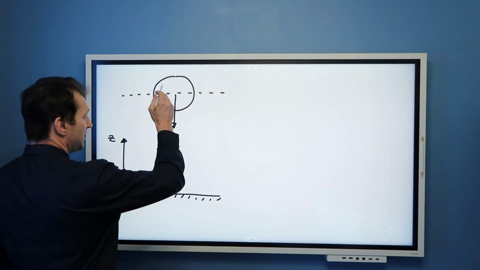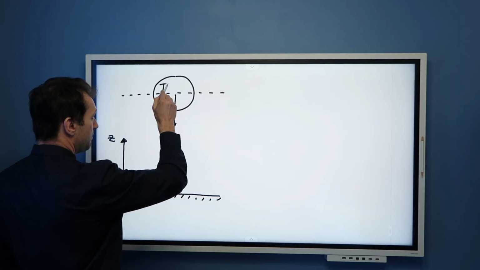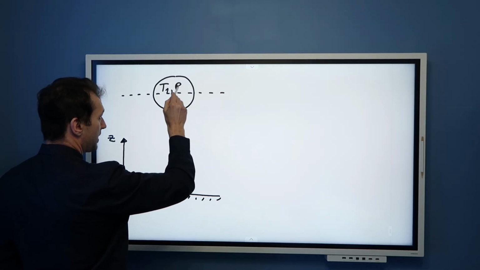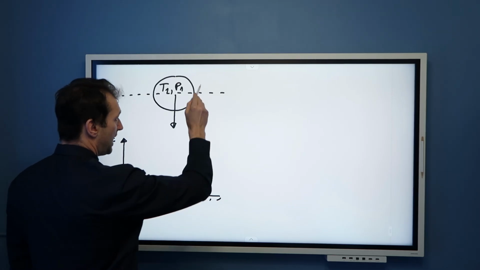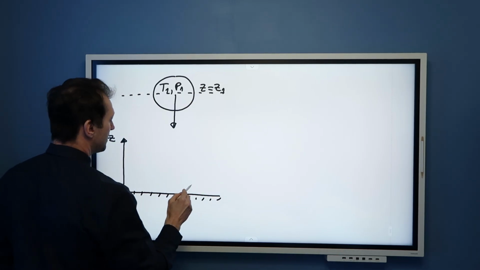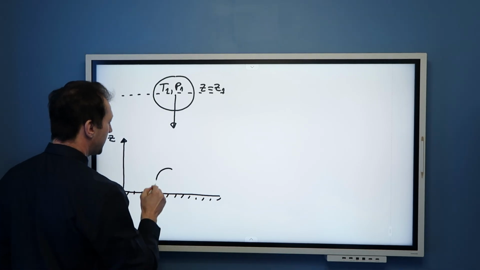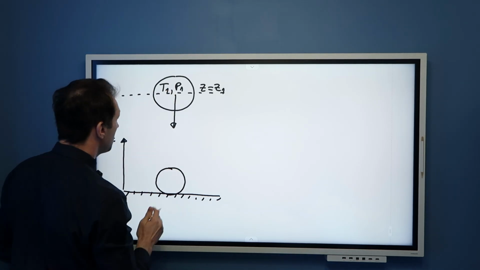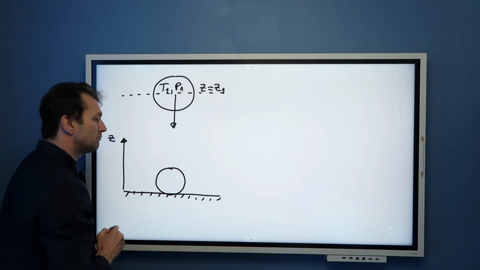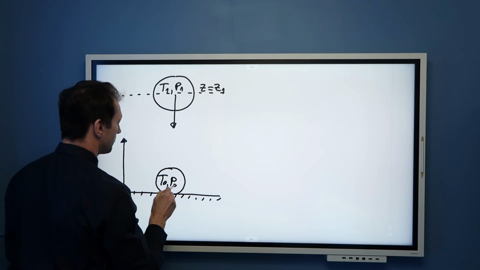So you see, if I start with this parcel of air over here, and it has temperature T1 and pressure P1 at height z equal z1, then when it comes to Earth's surface, it will contract, it will become smaller, and it will have some different temperature T0 and pressure P0.